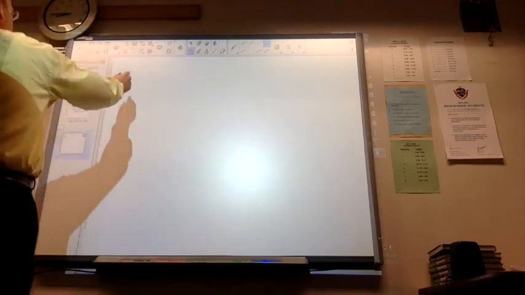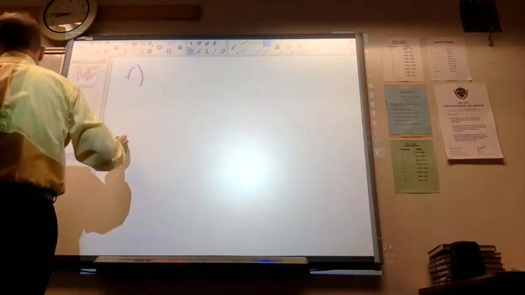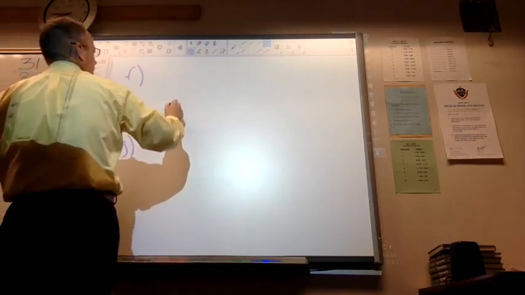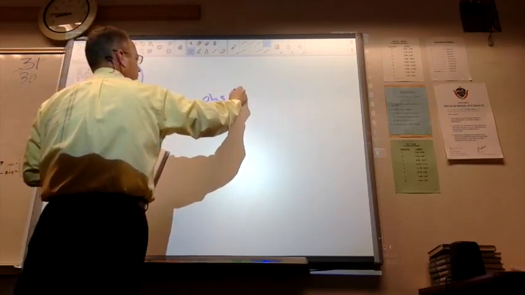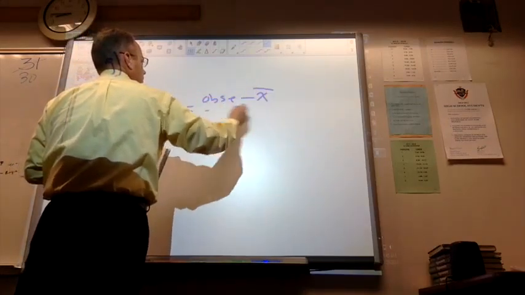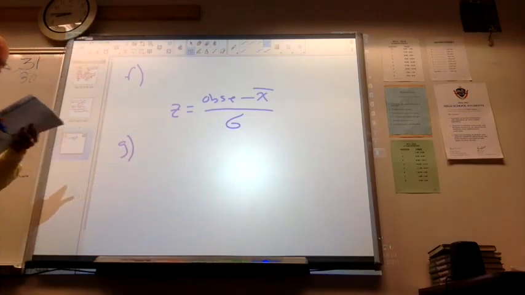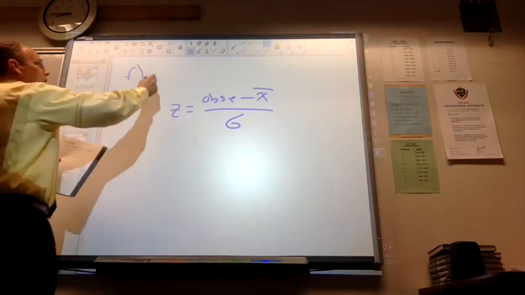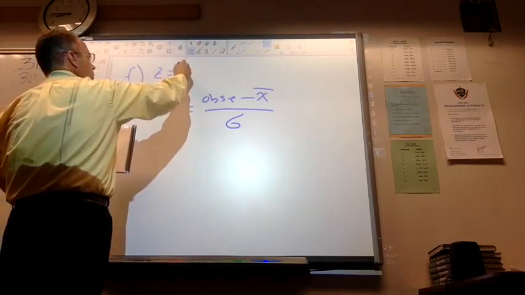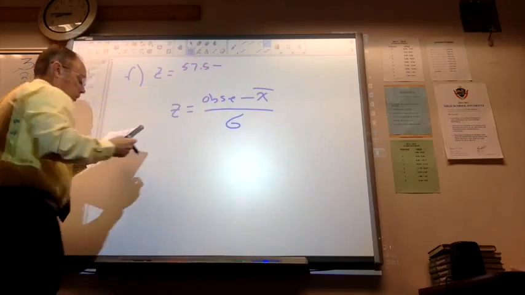So for letter F and G, for problem number 1, your equation is going to be this. So if you wanted to find the z-score, what was the z-score if it took 57.5 seconds? So the z-score is going to be 57.5 minus whatever the average was.